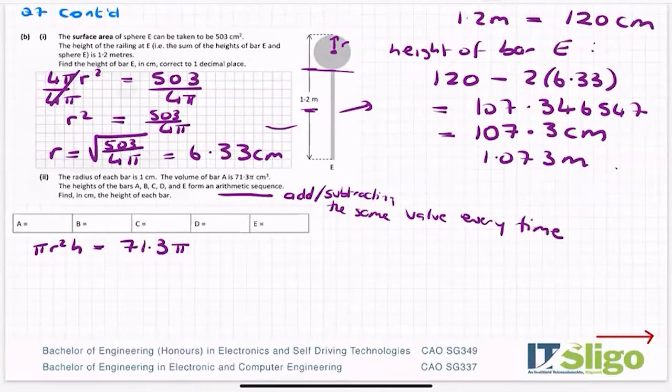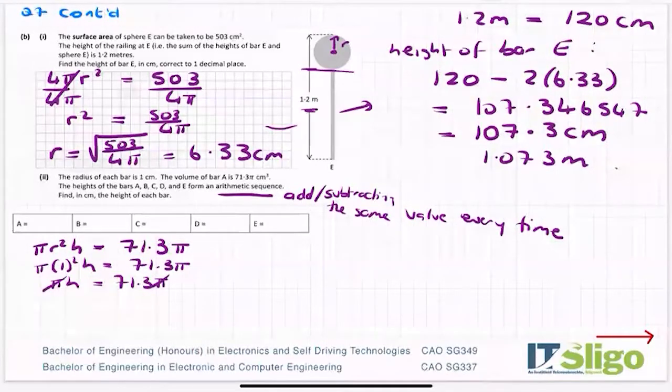So we know that for this bar, our radius is 1, and the volume is 71.3 pi. So let's divide across, that's pi h being equal to 71.3 pi. The pi's cancel. So the height of bar A is 71.3.